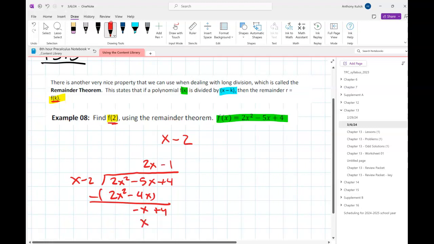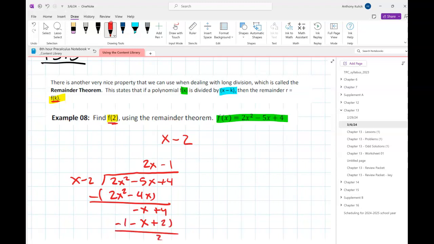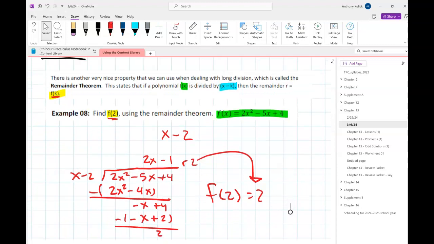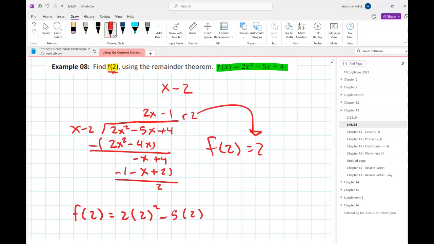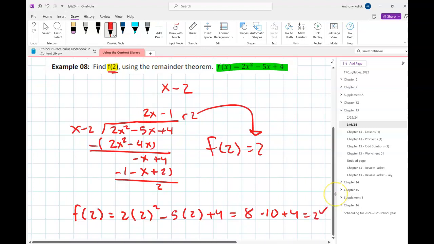Now distribute that, subtract down, I get 2. So f of 2 should equal the remainder, 2. Let's just check that. So f of 2, if I did this via substitution, should be 2 squared minus 5 times 2 plus 4. Well, that's 8 minus 10 plus 4. That is indeed 2. So sure, that seems to work.